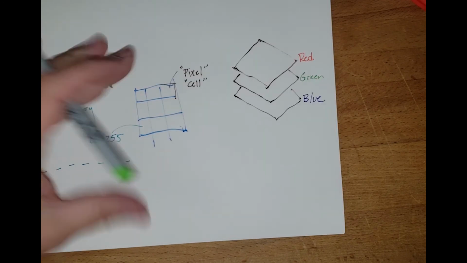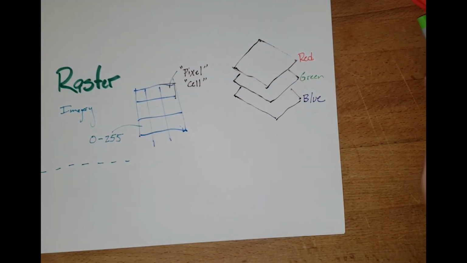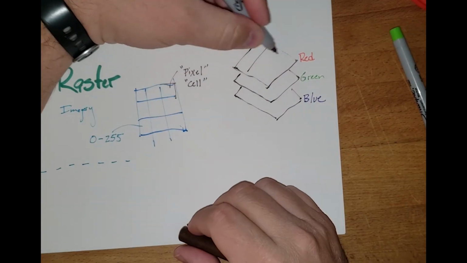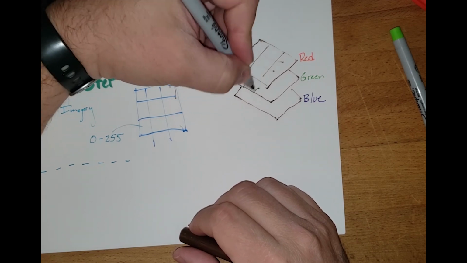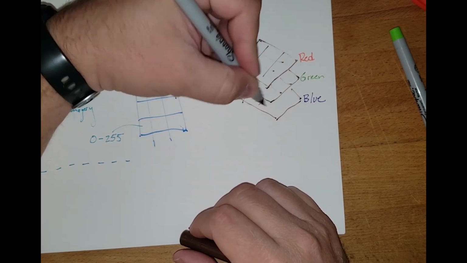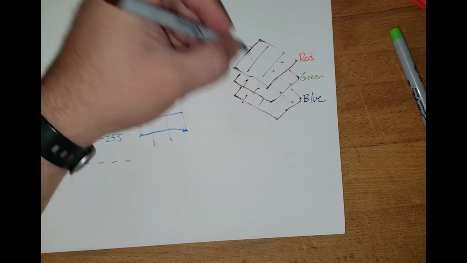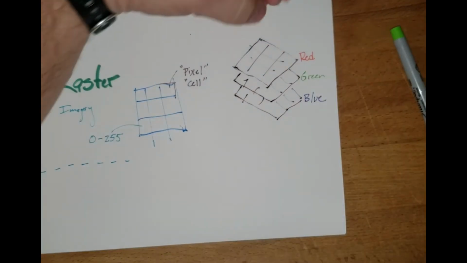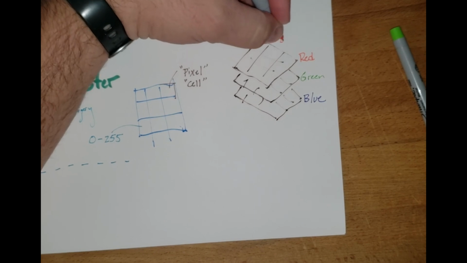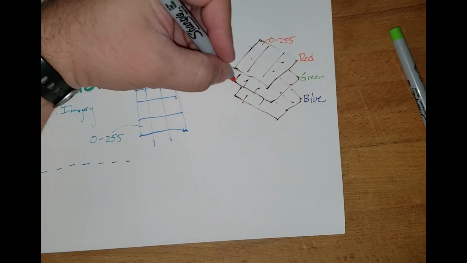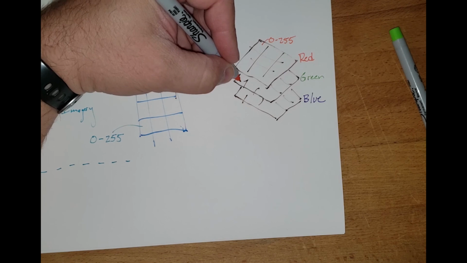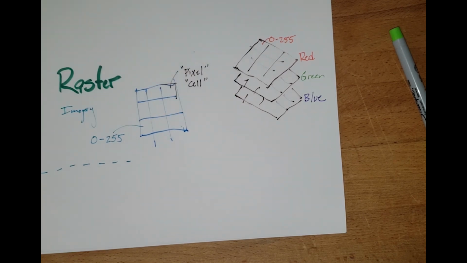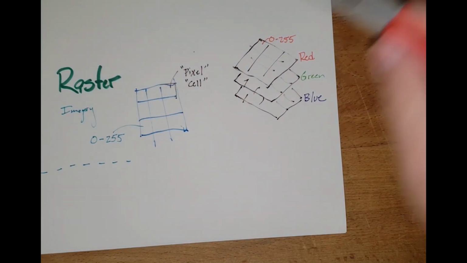Okay, again, each of these are going to be individual little cells or pixels. And each one of these pixels for red is going to have a value between 0 and 255. And for green, it will have a value 0 to 255. And for blue, it will have a value of 0 to 255.